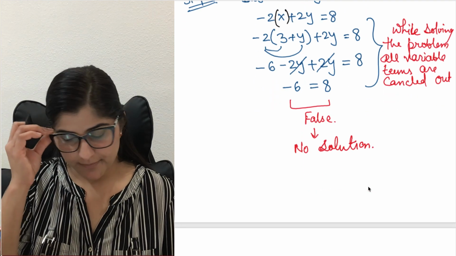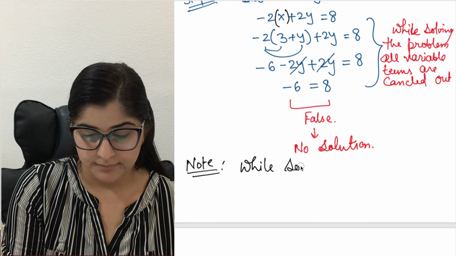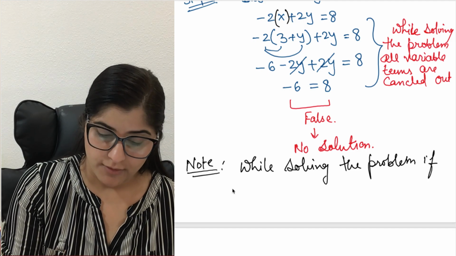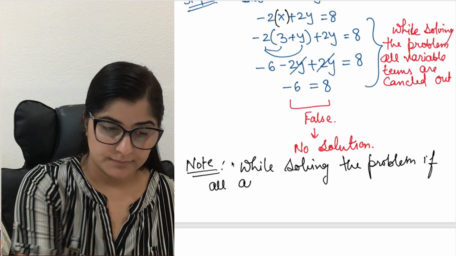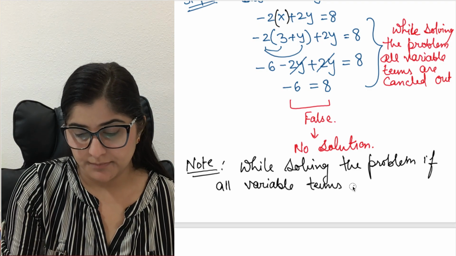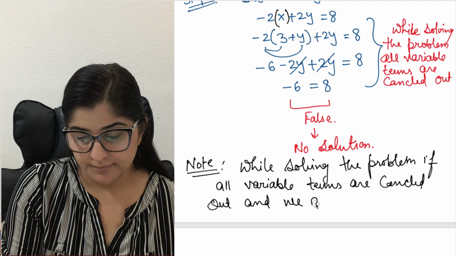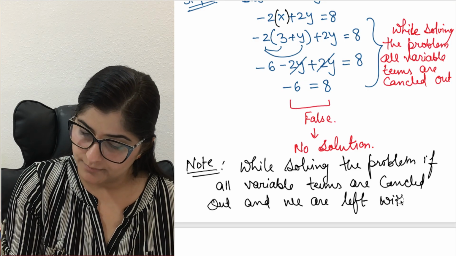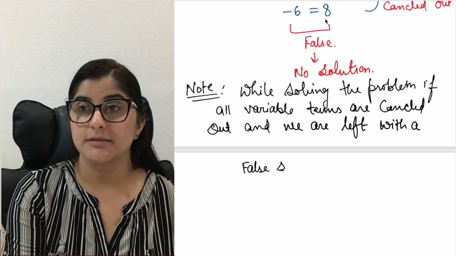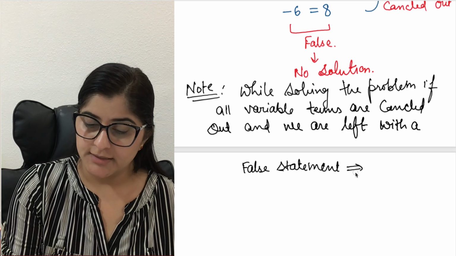So let me write down here. Note: while solving the problem, if all variable terms are cancelled out and we are left with a false statement like this, that negative 6 is equal to 8, that is false, then that means no solution.